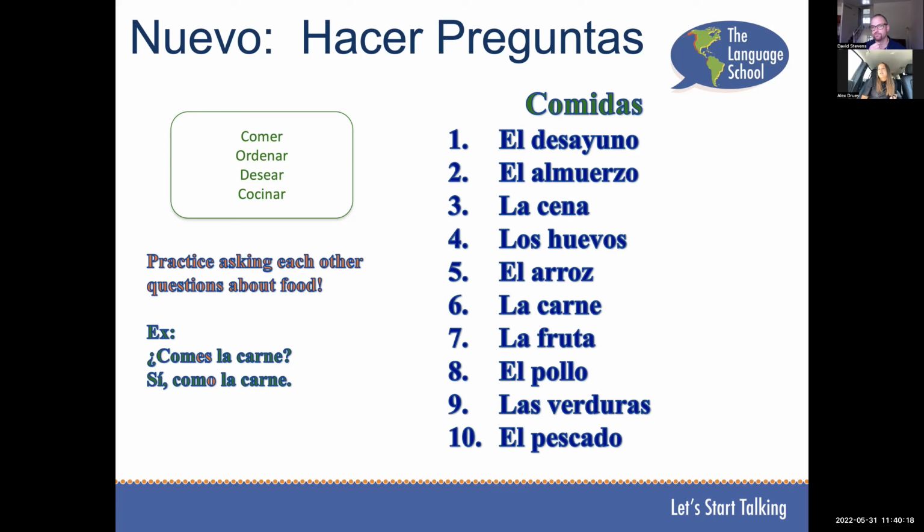La carne is meat. Ajá, muy bien. ¿Comes la carne? Sí, como la carne. ¿Comes la fruta? Sí, como la fruta. ¿Deseas el pollo? Sí, deseo el pollo.